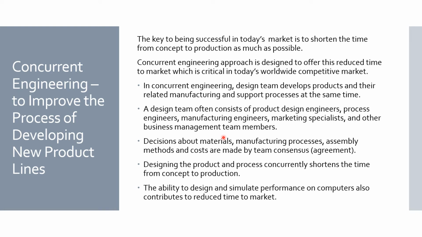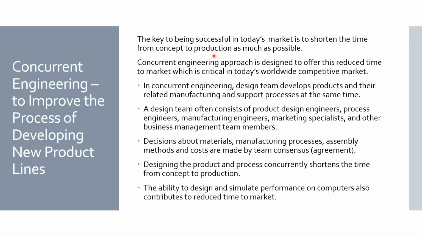So we're in the process of developing new product lines. And one of the approaches that we use to improve that process is called concurrent engineering. In order for your product to be successful in the market today, we need reduced time. The least amount of time that it takes from product concept to the production of that product.